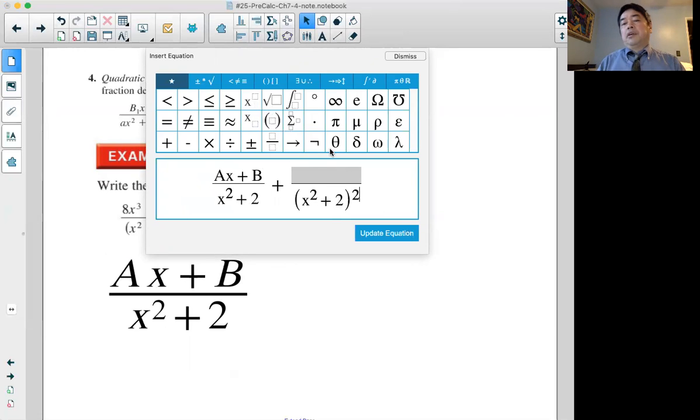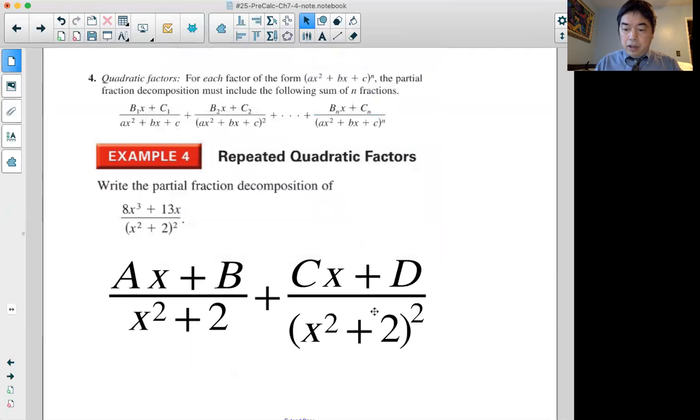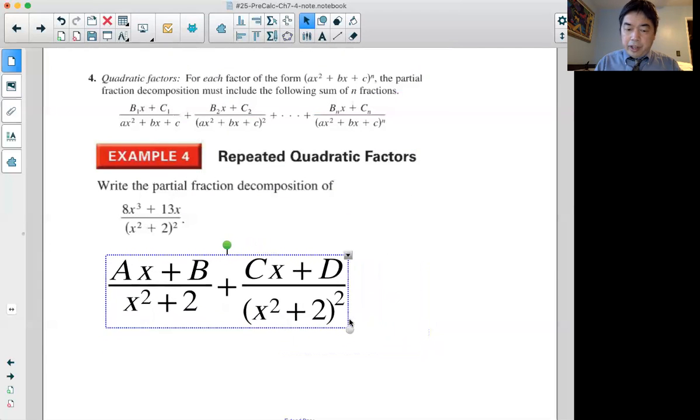Here, for the numerator, you change the letters to a new set, so I will change from A, B to C. This one is again linear, so it's Cx plus a new letter D, and we solve for this. Okay, I hope that's clear at this moment.